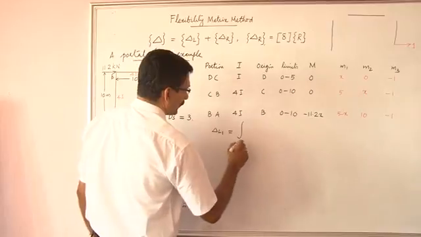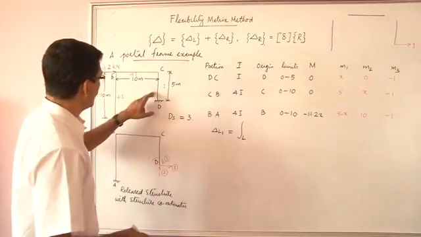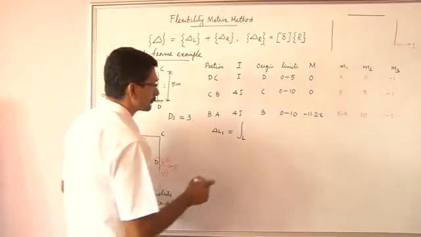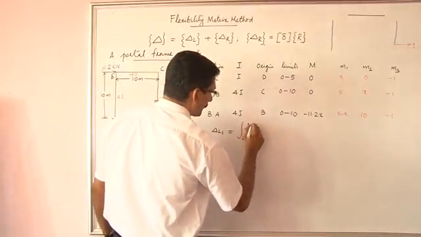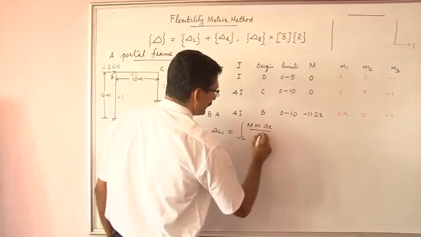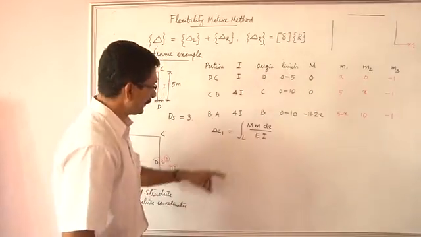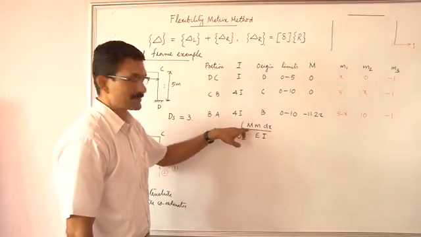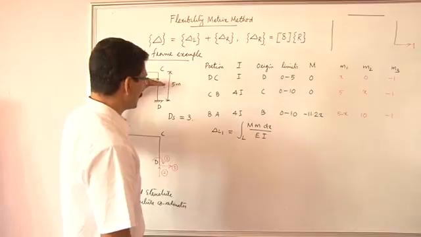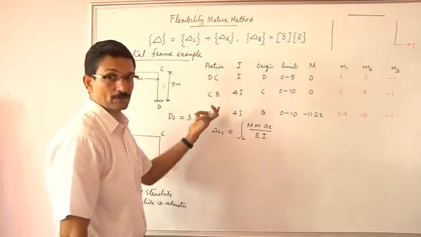integral over the length of the element, length of the beam or the frame, capital M, small m, dx divided by EI, where capital M is the bending moment in a particular section due to externally applied forces.